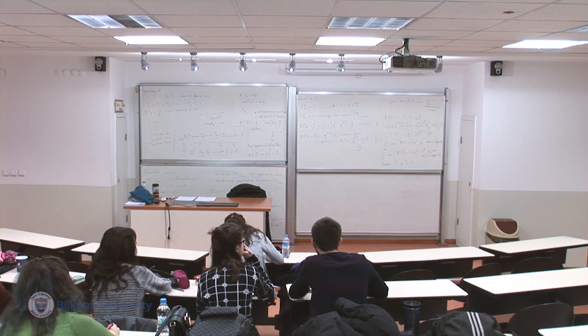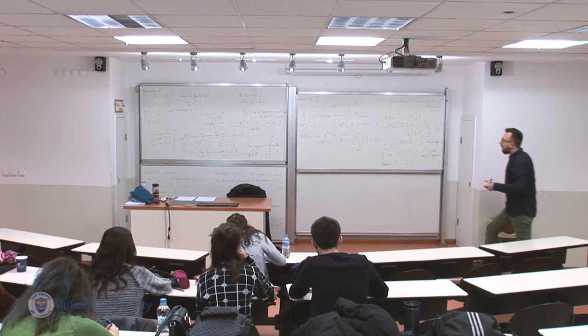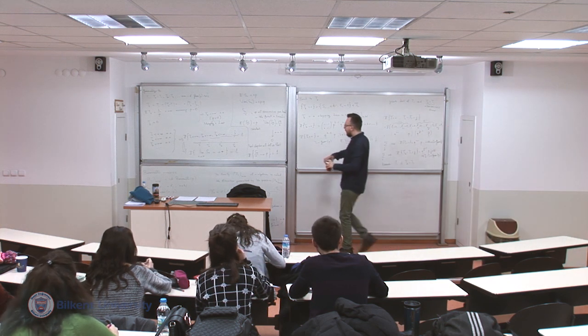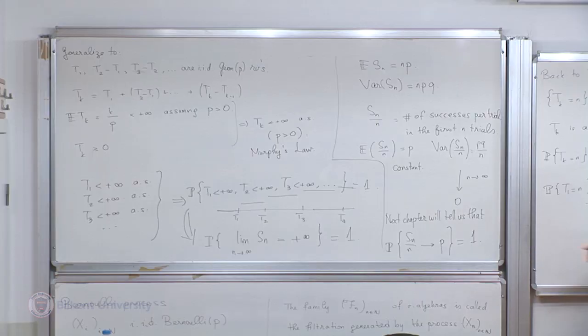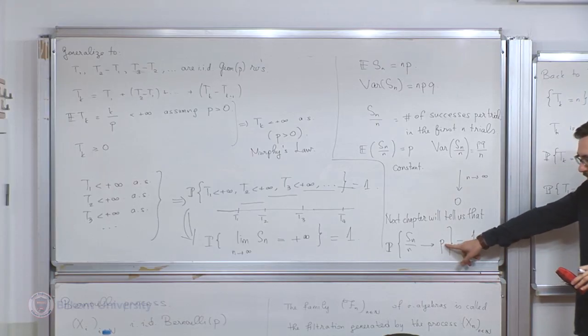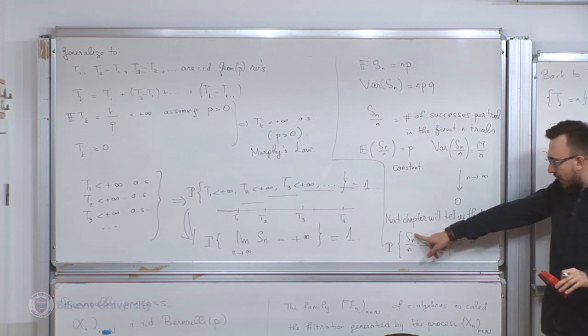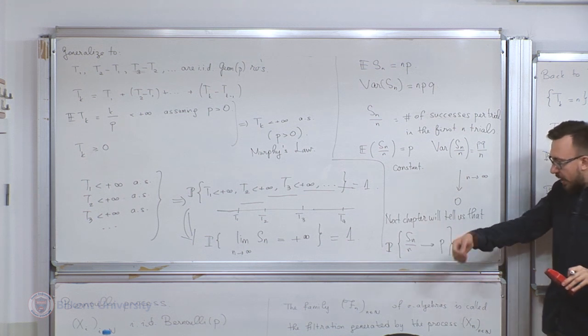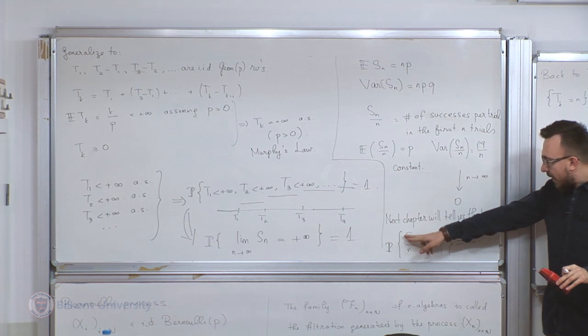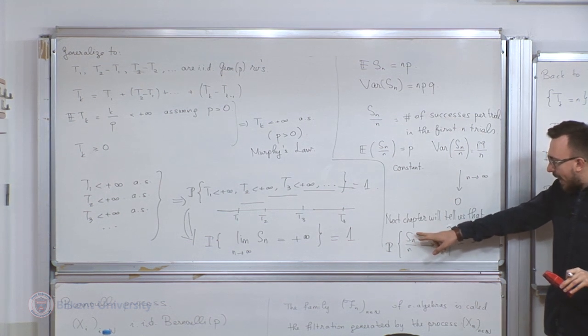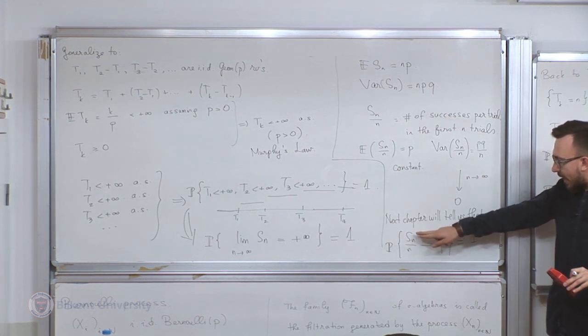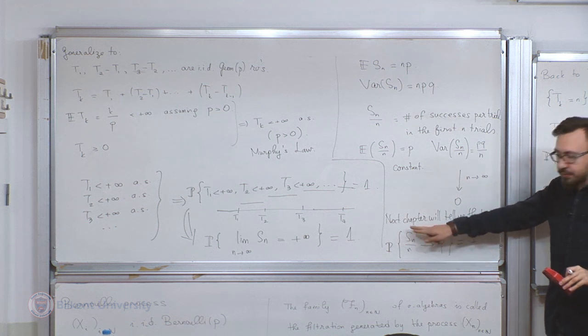Okay? And in fact, this is a justification of the so-called frequentist approach for probability, namely that if you'd like to estimate the success probability of getting heads in each trial, what you can do is run an experiment, count the number of successes by time 10, by time 11, by time 12, and calculate this ratio.